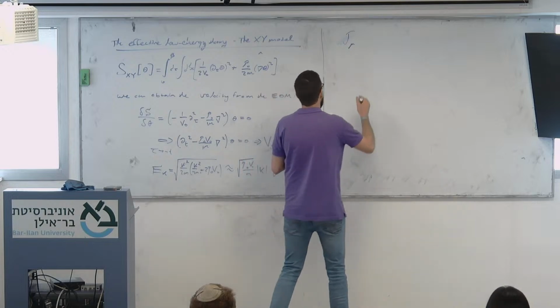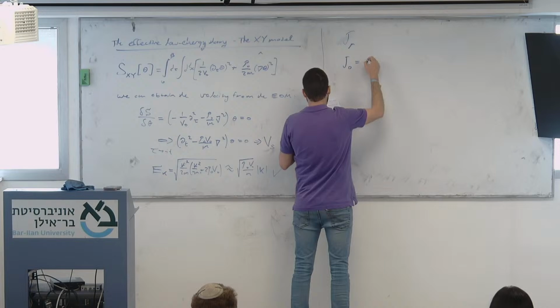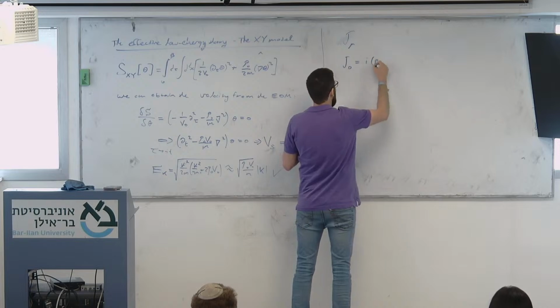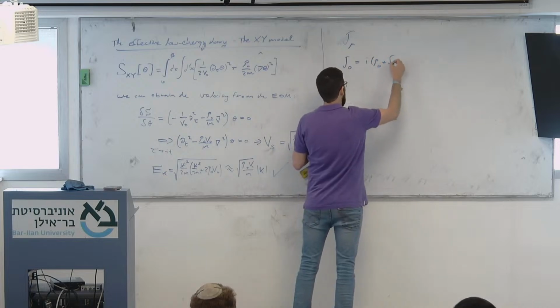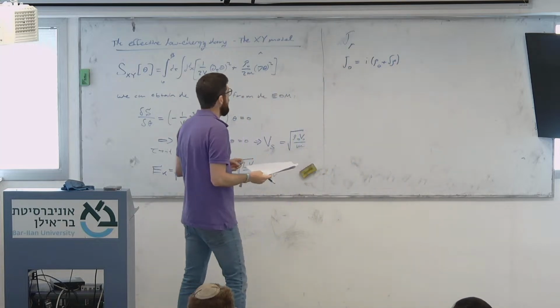So J0 is basically like i times rho naught plus delta rho.